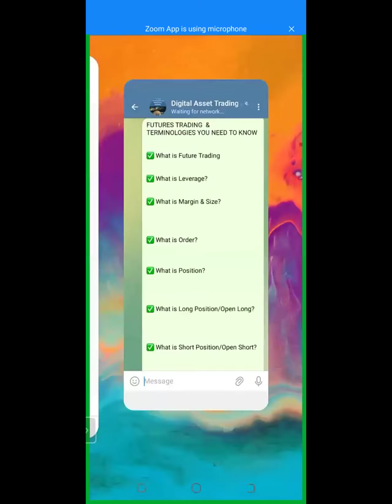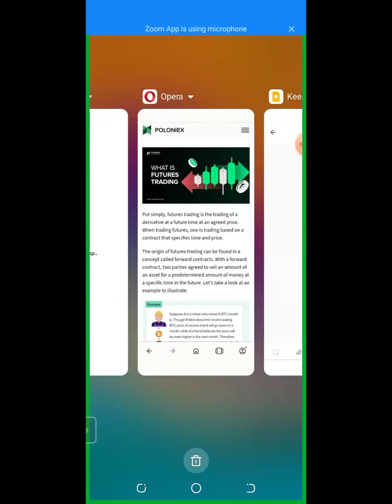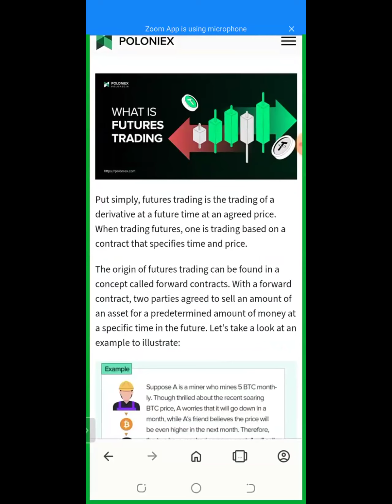I couldn't, because of the definition of futures trading. Let me just give an example. If you go online to ask for the meaning of futures trading, it is so complex. You will not be able to wrap your brain around the definition. They say, put simply, futures trading is the trading of a derivative at a future time at an agreed price.